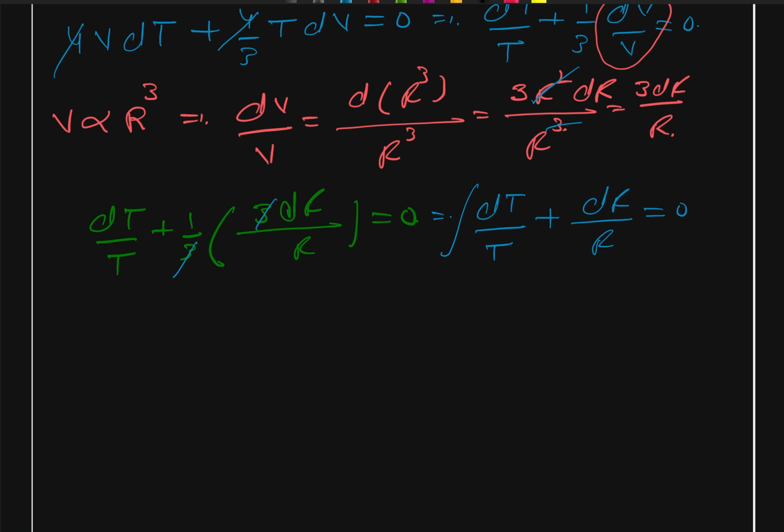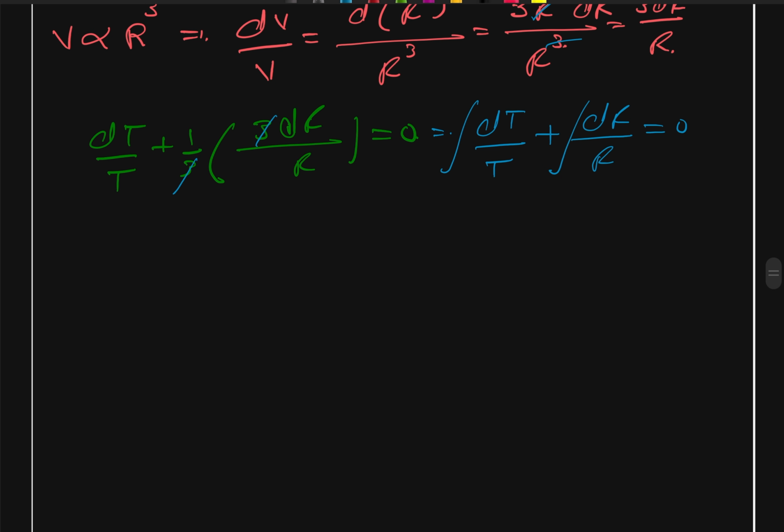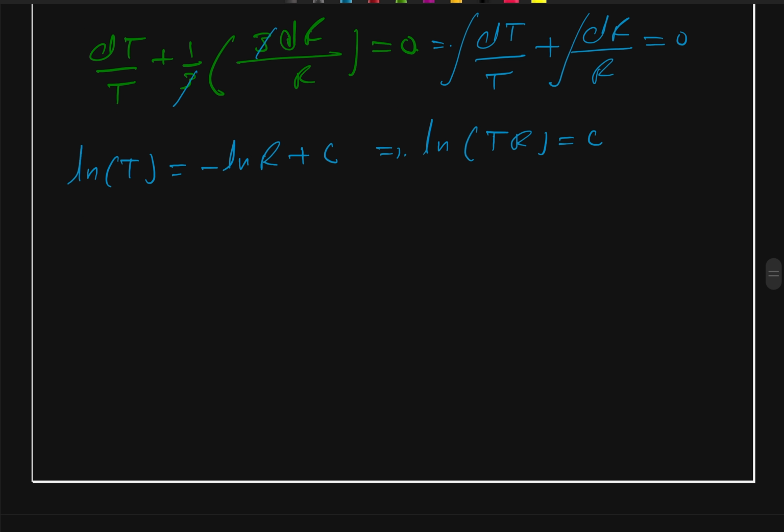And we simply integrate them. We get natural log of T plus natural log of R is equal to C. So from here we can combine it: natural log of TR is equal to C, or we can say that our TR product will be equal to e raised to power C, and C is a constant, so that will be another constant.